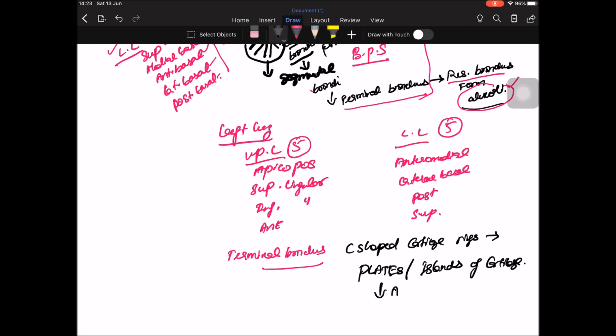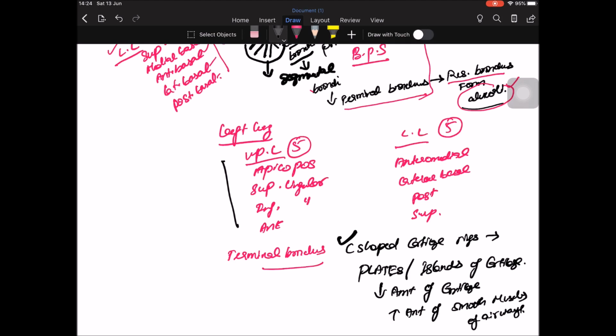There will be a decreased amount of cartilage and an increased amount of smooth muscle of the airway. So at the terminal bronchus the C-shaped cartilage rings are replaced by plates and islets of cartilage. There is a decreased amount of cartilage and increased amount of smooth muscles of airways.